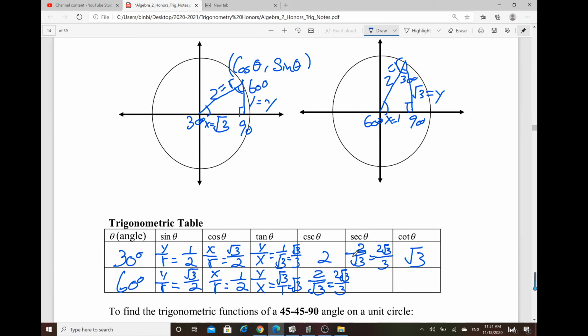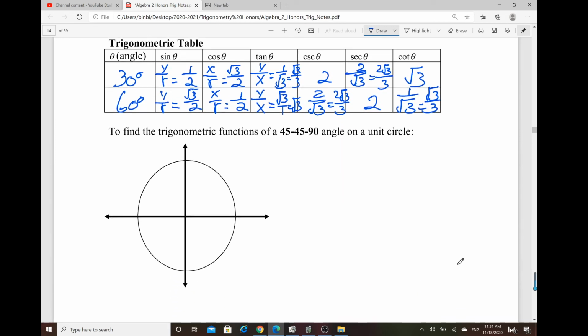Then secant of 60: cosine of 60 is 1/2, so the reciprocal is 2. And cotangent of 60, the reciprocal of tangent of 60, is 1 over root 3, which is root 3 over 3.